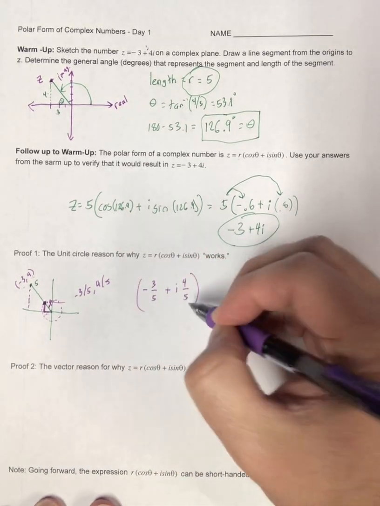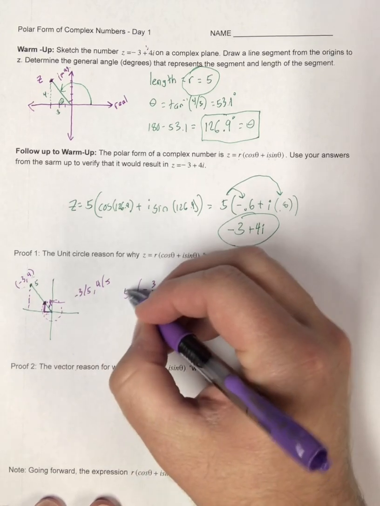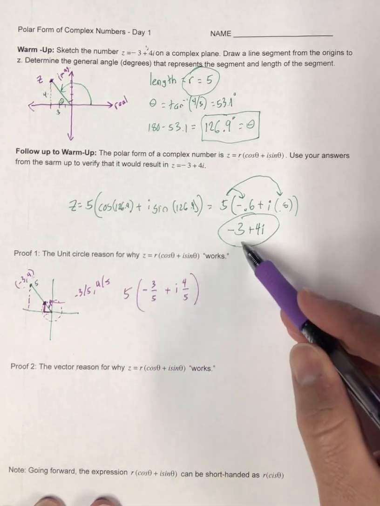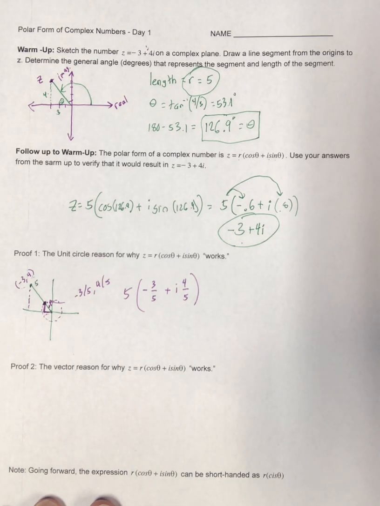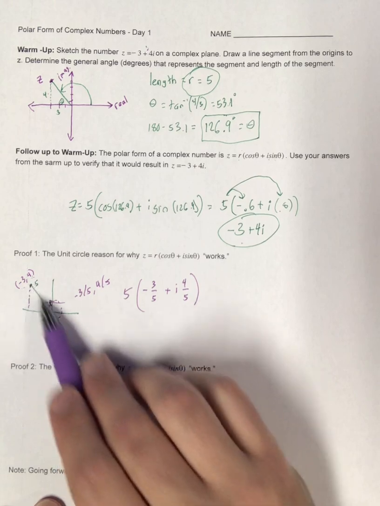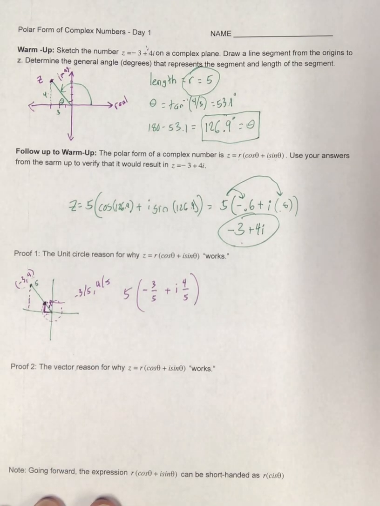And then if we multiply all this by the magnitude 5, kind of similar to what we've done in past chapters, it would look like this, and it would FOIL out to be that value. So if we take the unit circle ordered pair and multiply it by the radius to kind of scale it to how big we want it to be, we can get the point that way as well.